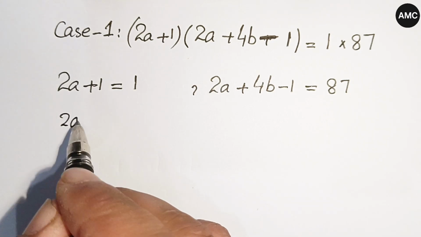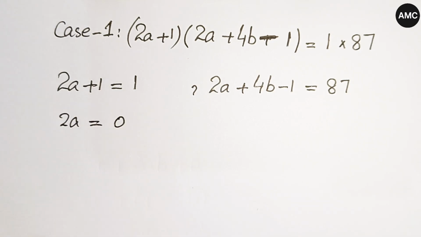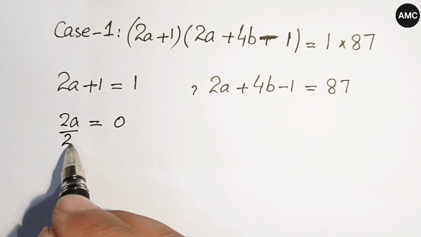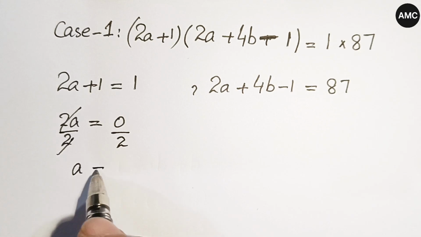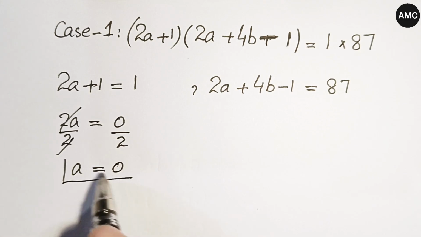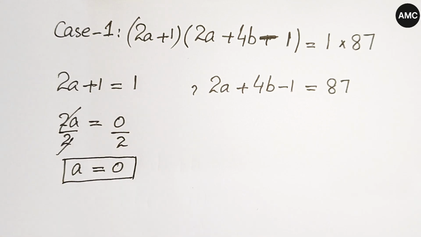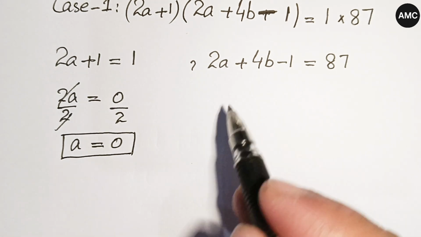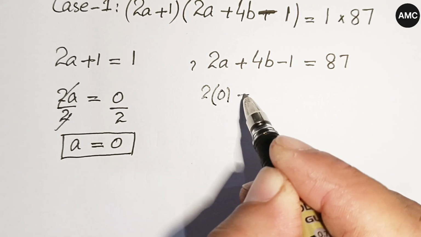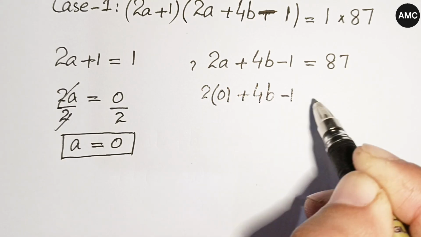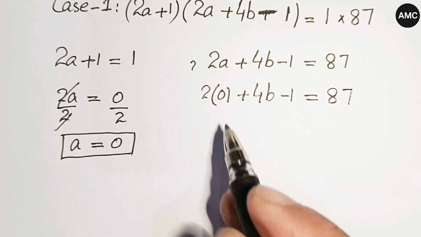Here we have 2a is equal to 1 minus 1 is 0. So if we divide by 2 on both sides, this 2 is cancelled out, we get a is equal to 0. Here we have the value of a is 0. Now if we put this value here, we get 2 times 0 plus 4b minus 1 is equal to 87.